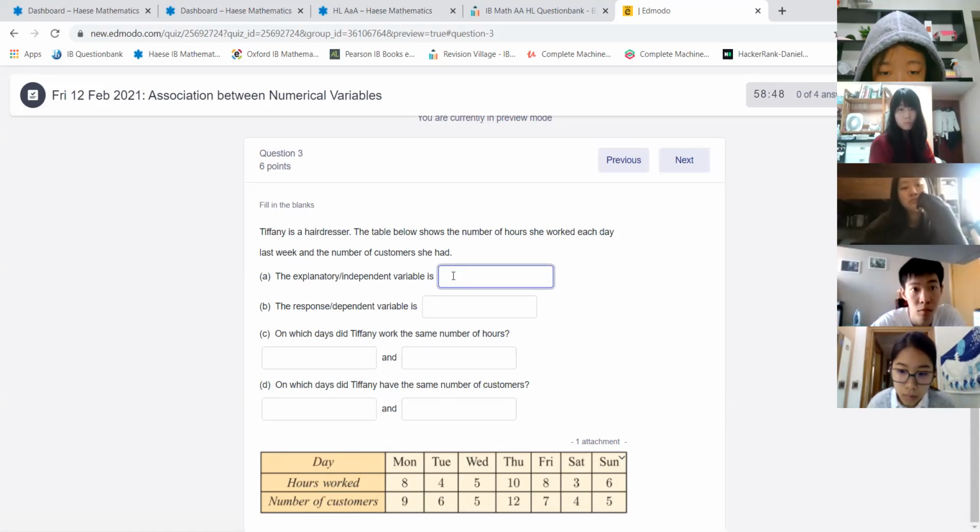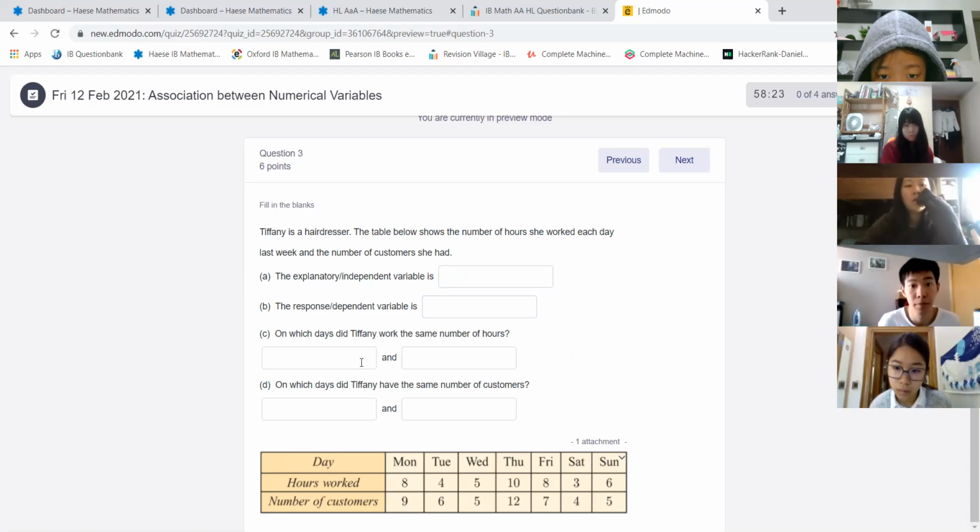Because it's a continuation of a sentence, use small letters. So if your answer is hours worked, you should write hours space worked. Don't put extra space. If your answer is number of customers, write number of customers, just the way it is, with no space after that. Understand? So you do the same here.